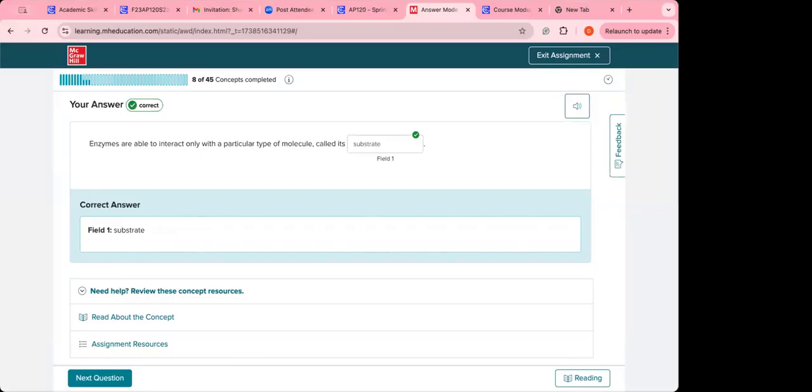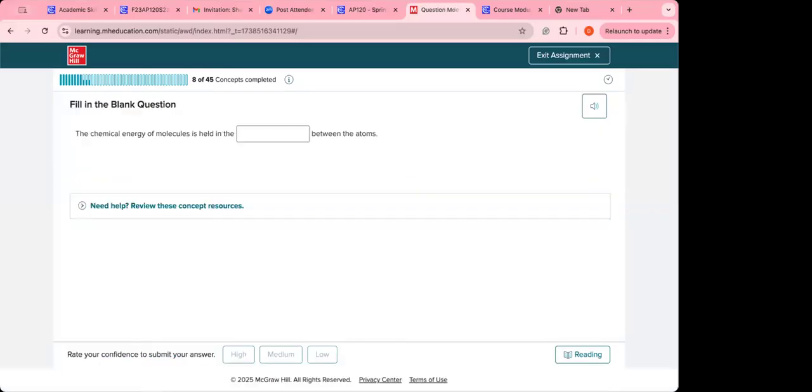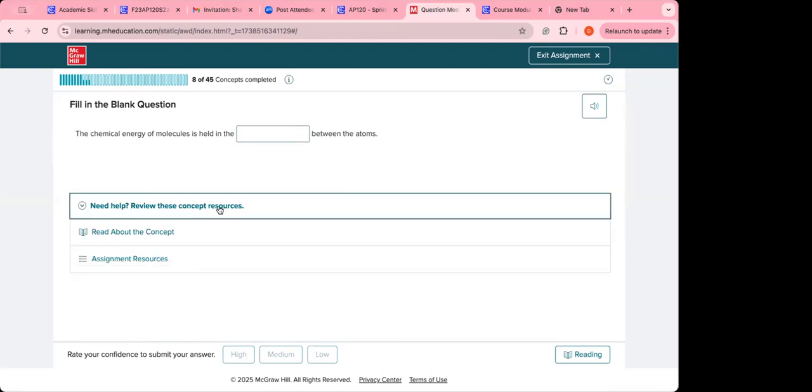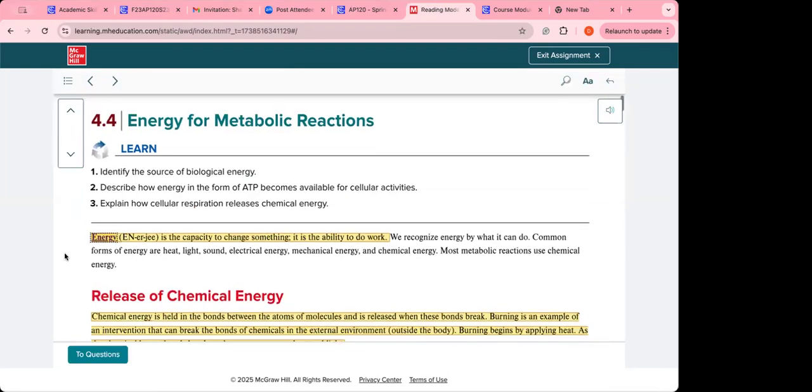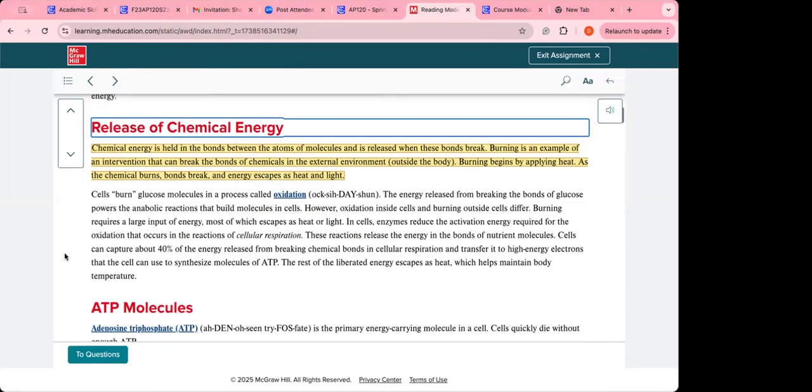All right. Now we're up to the chemical energy of molecules is held in the blank between the atoms. Okay, so chemical energy is held in the bonds.